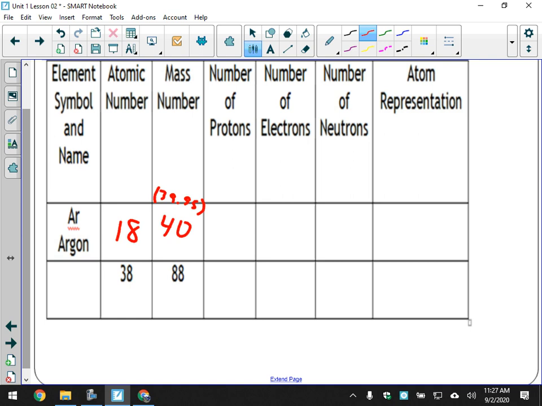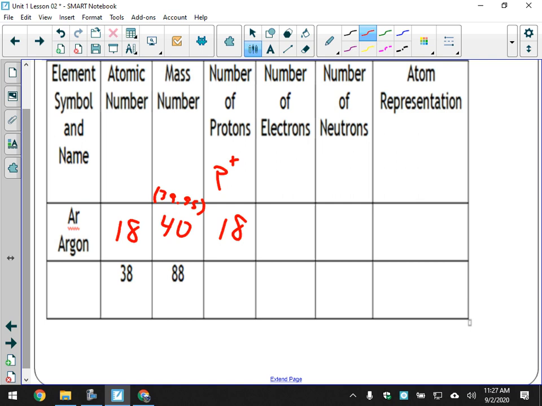Now remember, the atomic number tells you what? From the notes, it tells you protons. So this one has 18 protons. A symbol that I use for protons is P with a positive sign, okay? Because protons are positively charged. So make sure you write that down somewhere.